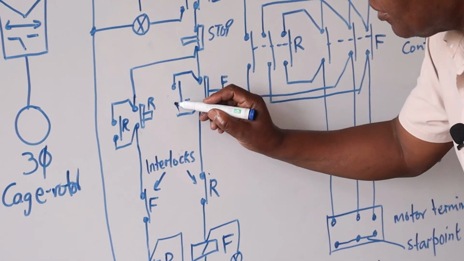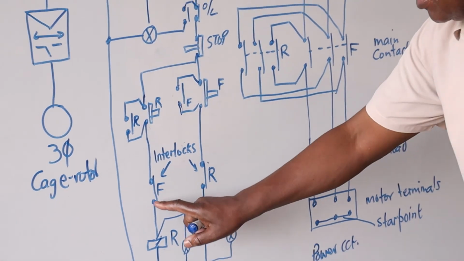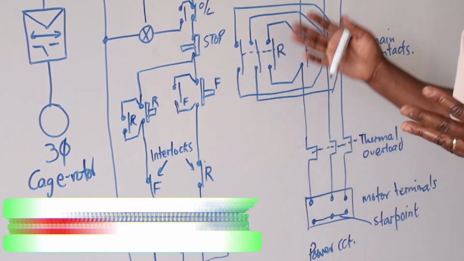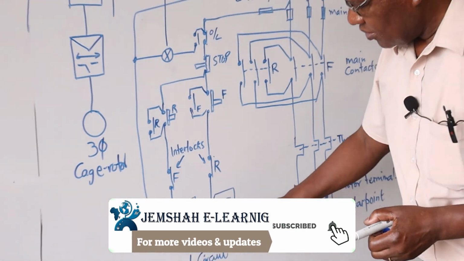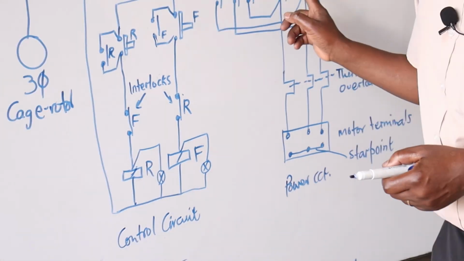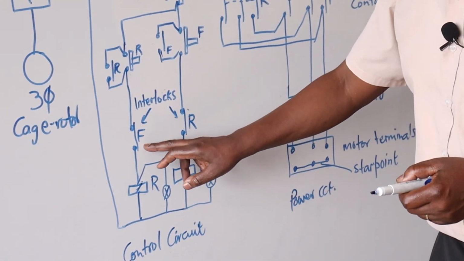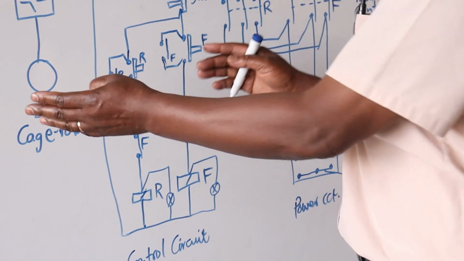Now, in the way I've drawn, I told you that we normally draw these contacts when the circuit is de-energized. So you can see then that when this one operates, these contacts here will close, but this one here will open. In this case, these are moving in that direction here.